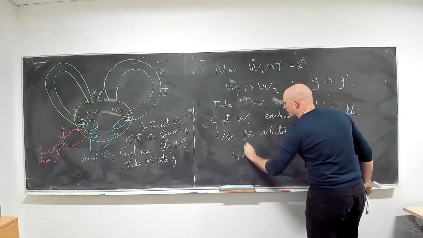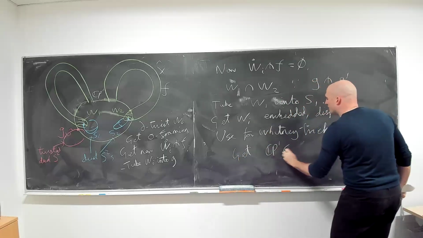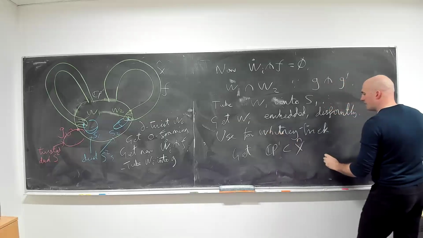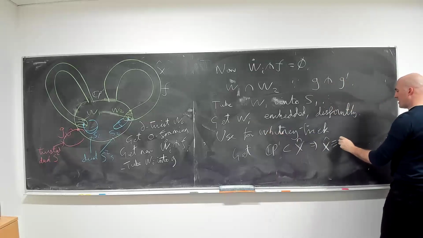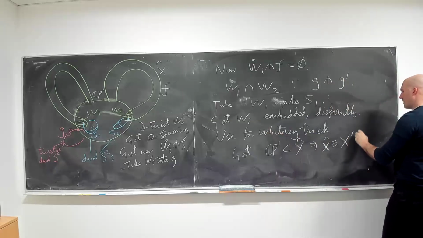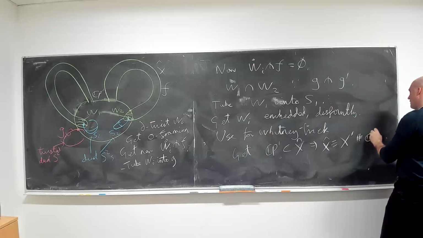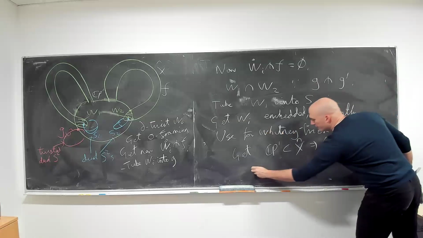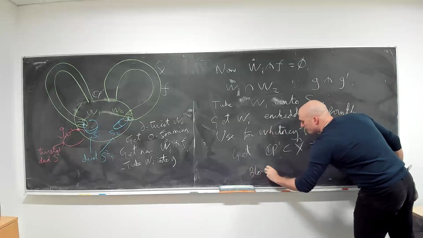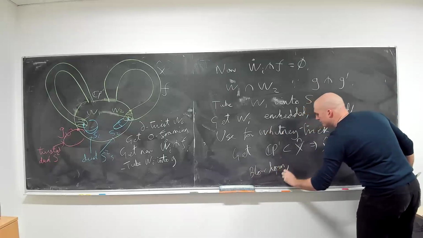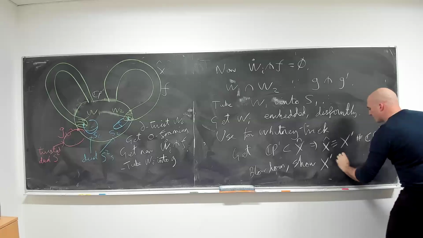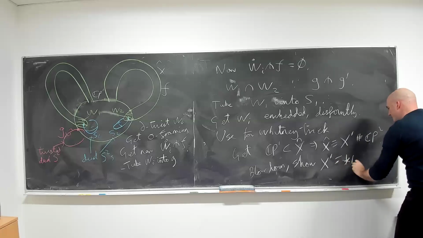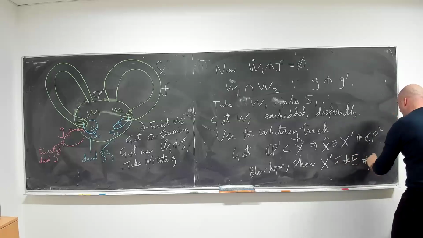And then we get this new CP1 in X tilde, which implies that X tilde equals some X prime connect sum CP2, and then blow down, and then show that in fact X prime is homeomorphic to star E connect sum star E.